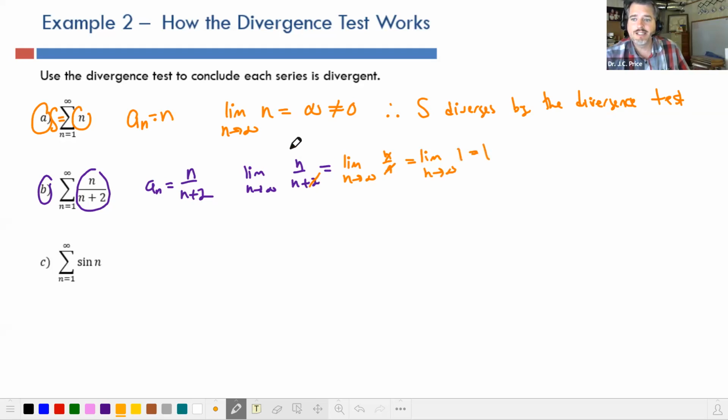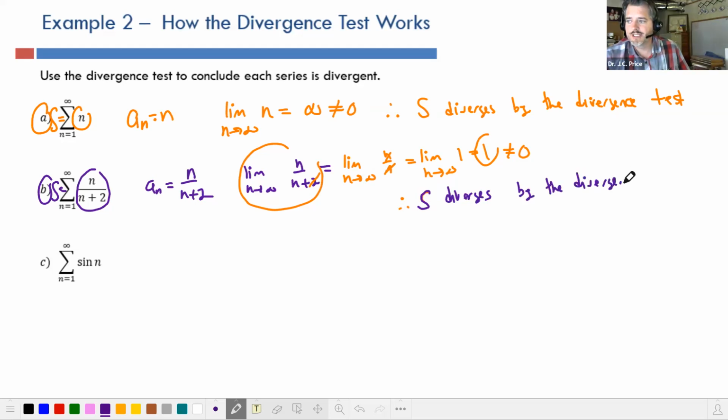And honestly, guys, if you just concluded it's equal to 1, I'm fine. But you have to write not equal to 0. And then we write therefore my series S diverges, and we have to write this, diverges by the divergence test. Perfect.